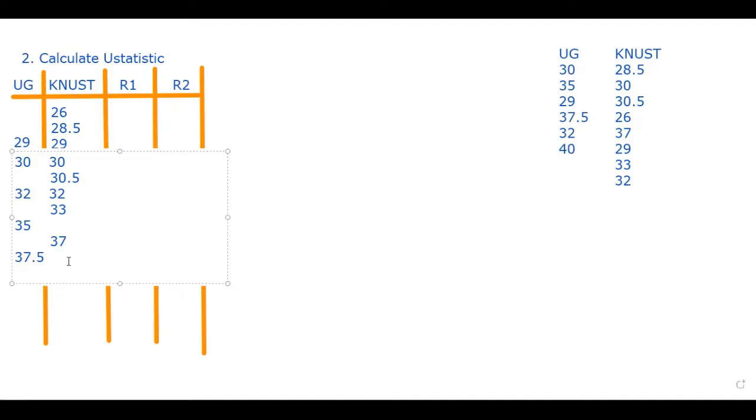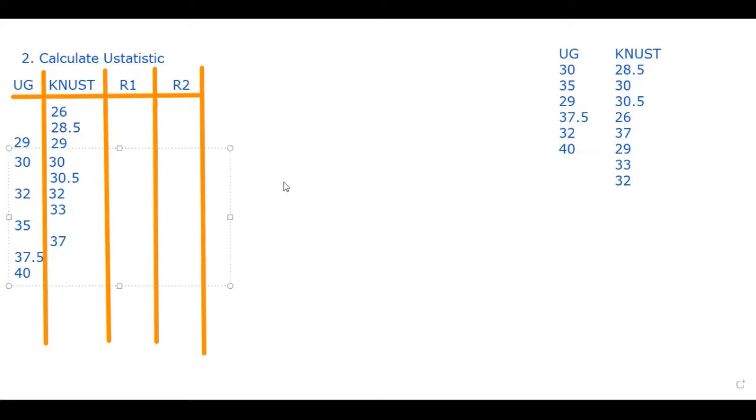And 40 for Eugene. You see how I did it? So if two numbers are on the same line, then they should be the same.